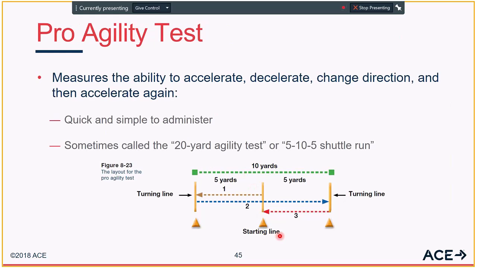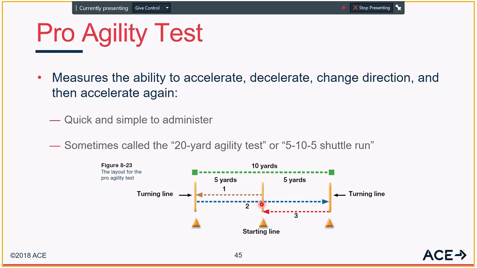For agility, a good test would be your pro agility. You start in the middle of, usually it's 10 yards, and then you run past the turning point line, so you're stopping as fast as you can, and then you're running towards the other way, past the other turning line, and then you're stopping again, and then the time is stopped once you hit that middle point again. And again, you can find the averages online if you want to.